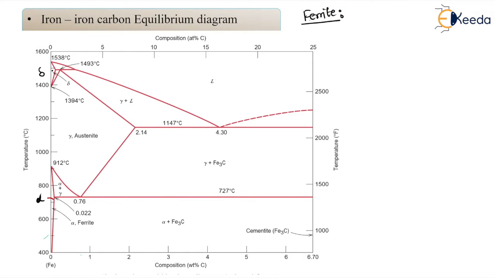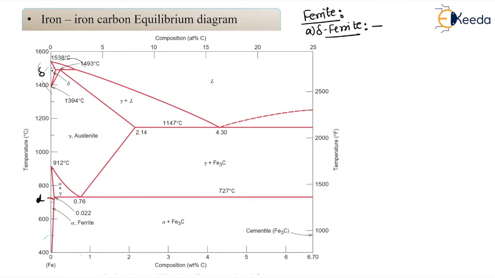So dear students, this ferrite has basically two types, one at lower temperature and one at higher temperatures. First of all, I will talk about this delta ferrite. What is this actually? At higher temperature, the melting temperature of iron is around 1539 degrees centigrade.